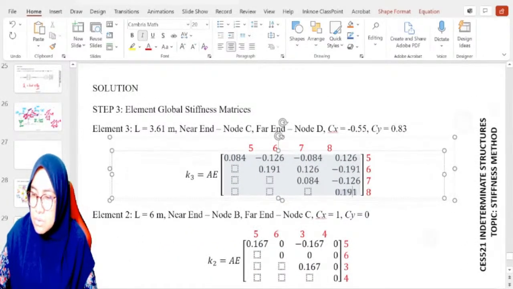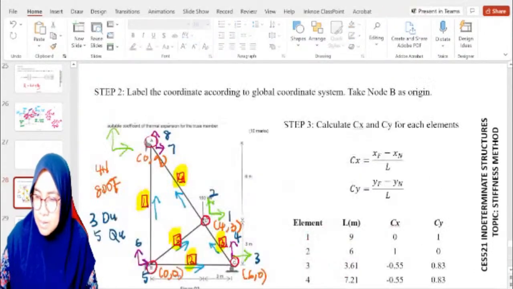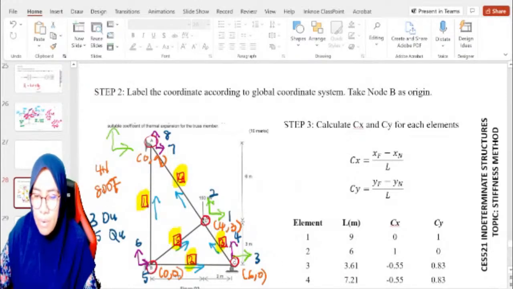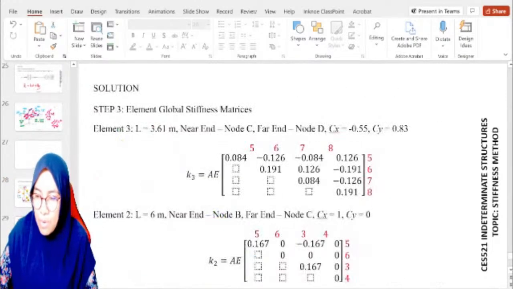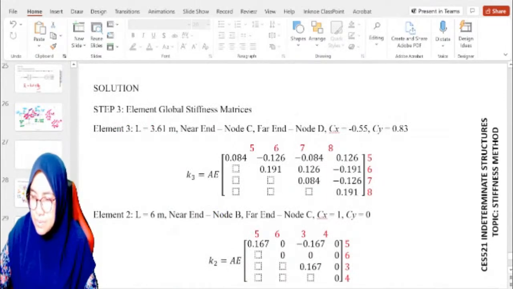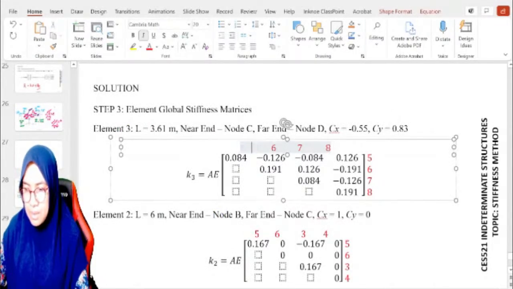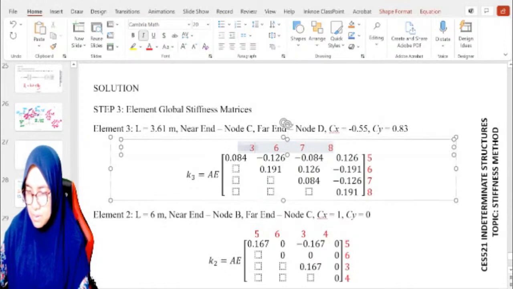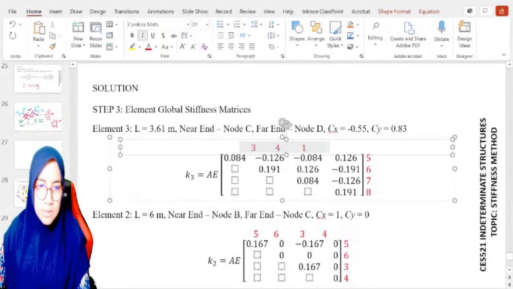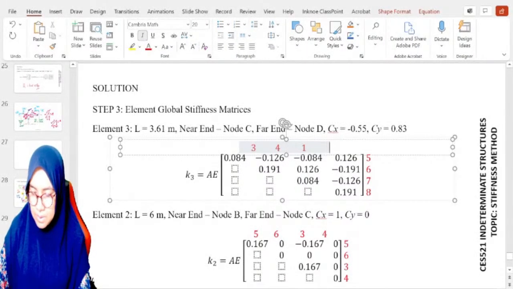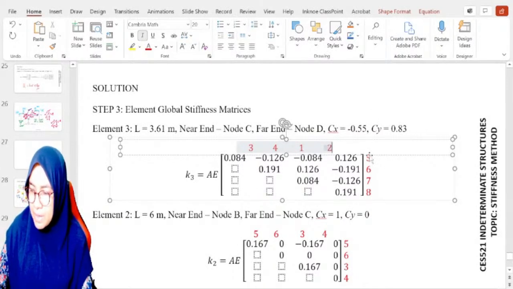So the label will be 3412. This is K3. The label is important because if we don't put the right label, we will get the wrong structure stiffness matrix. The label is very, very important.